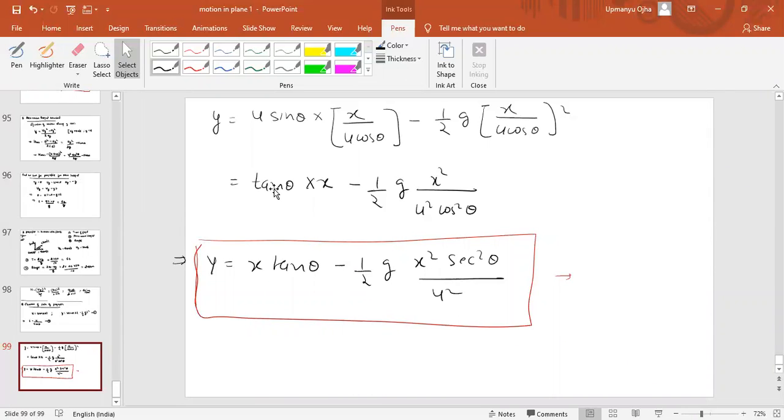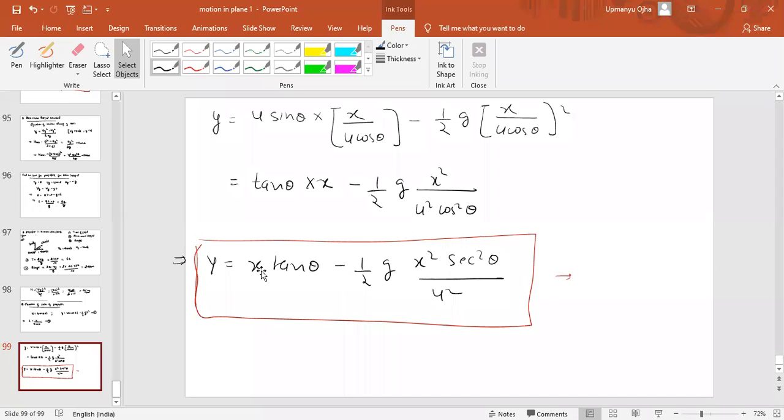See, we are finding the equation of y and x. Here, x is a displacement, not the distance traveled by the particle.